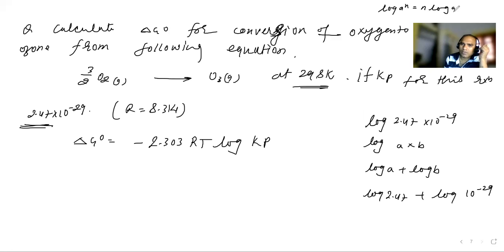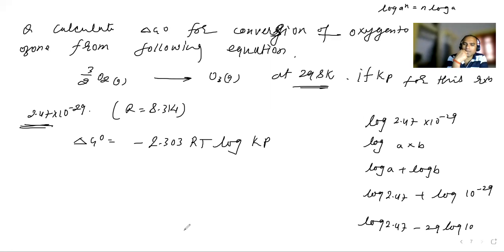So you can write log 2.47 minus 29 log 10. Log of 2.47 will be 0.39.